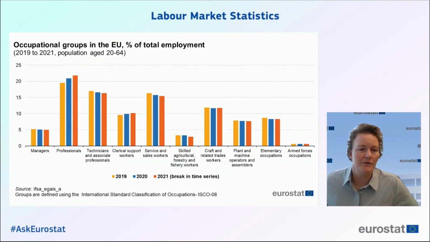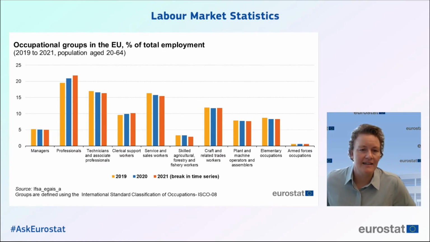The color codes are yellow for the 2019 share of total employment, blue for the 2020 shares, and 2021 is orange. But please note, so far we've mainly seen break-corrected series. Here in this case, we have to be very careful in comparing the data. These are not break-corrected.